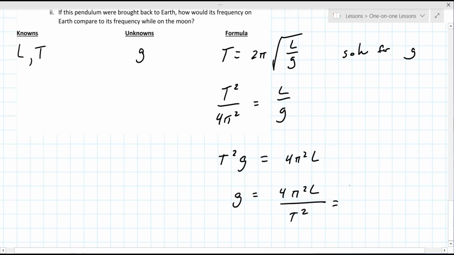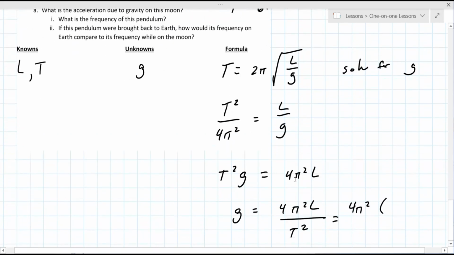We have all these quantities: 4 pi squared. We know that L is 1.5, that's given. We know that the period of oscillation is 6.0837.